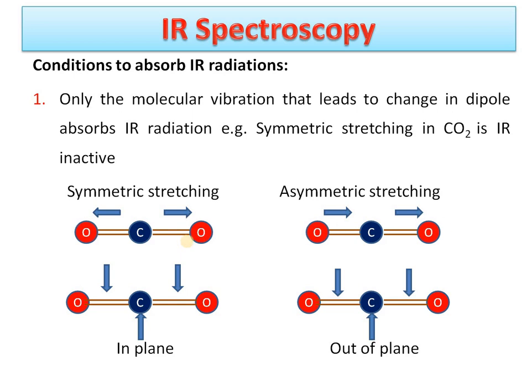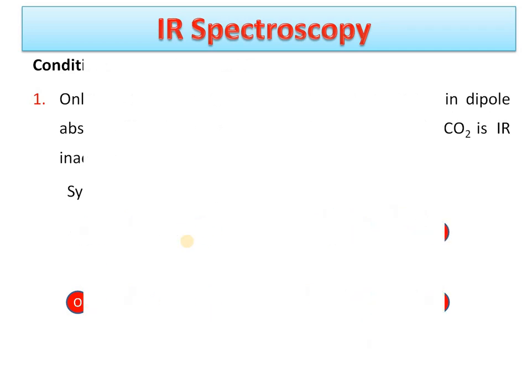That means only the molecule which is changing the dipole during the vibration of the bond will be able to absorb the IR radiation, while if it is not changing the dipole during the vibration, then such kind of molecule will be IR inactive in nature, or the vibrations will be IR inactive in nature.